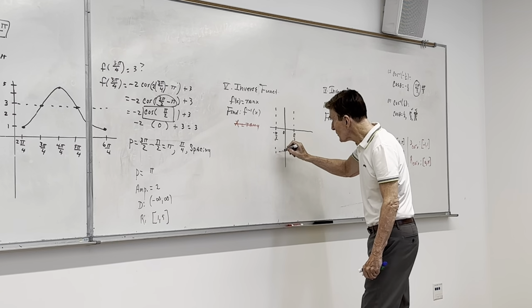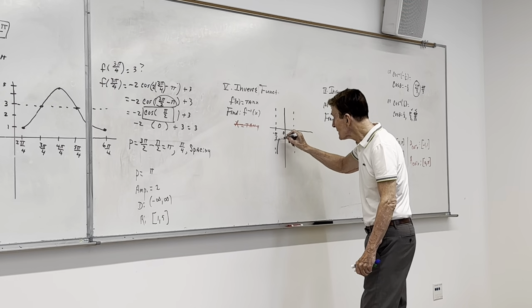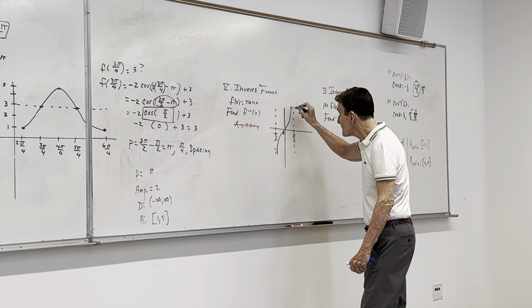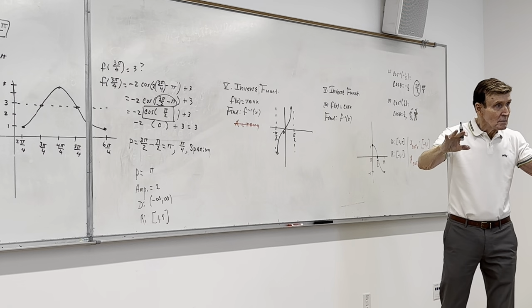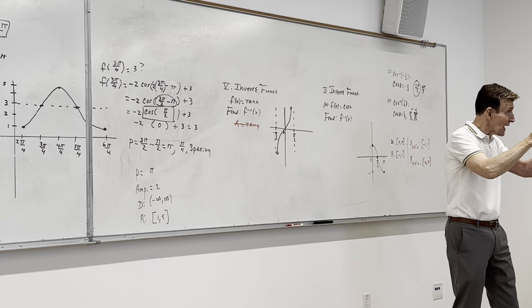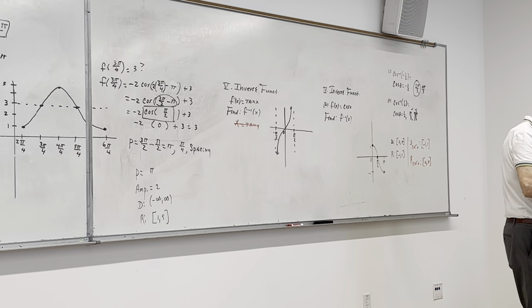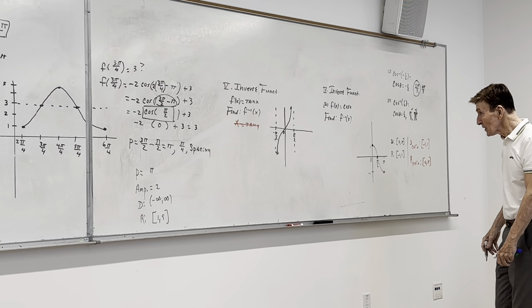Did I have a cycle that looks something like this? I think I've had 3 cycles. So I'm going to use this one. They use this one for the inverse.